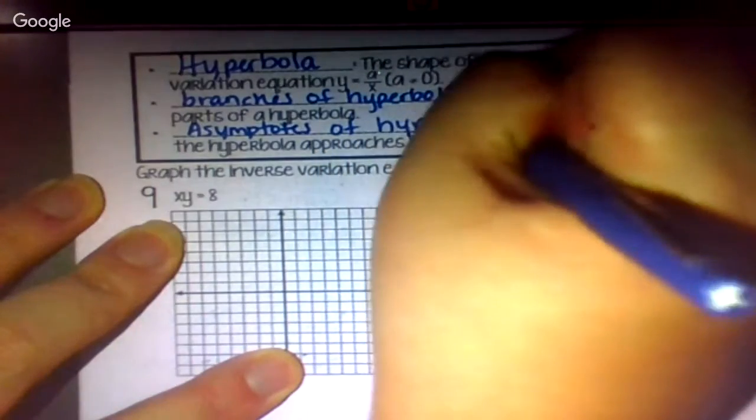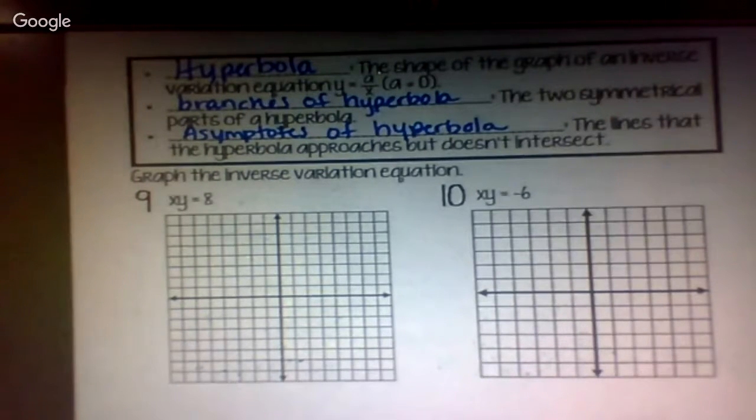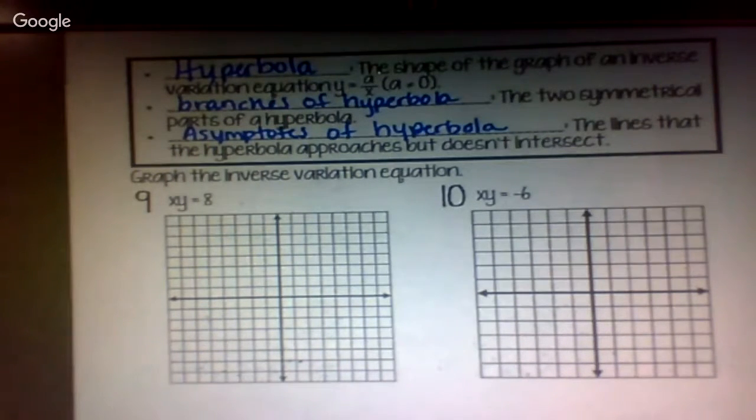Asymptotes. All those are is a line that the hyperbola is going to approach. So it'll get really, really close to it, but it's never going to touch it.